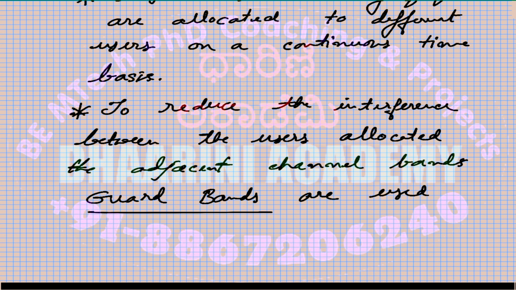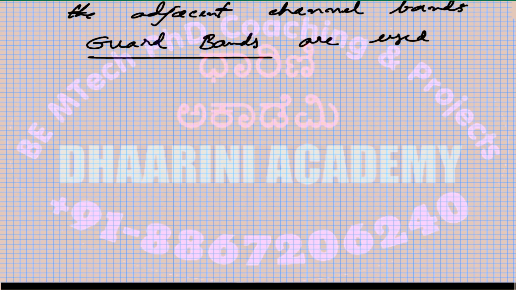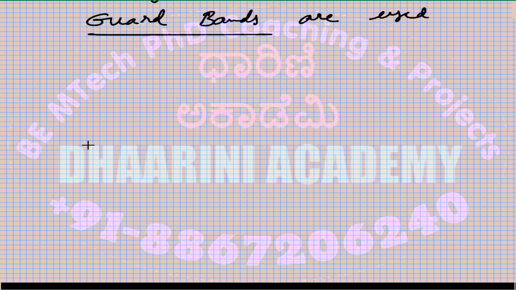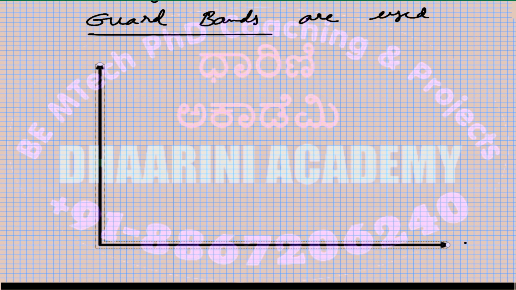So let's look at a diagram representing this kind of communication. How the time versus frequency can be plotted for such a communication. So this is the time axis, and let's say this is the frequency axis, right?